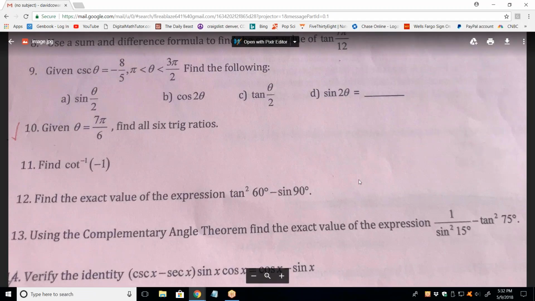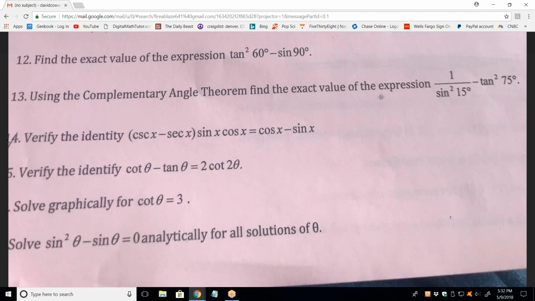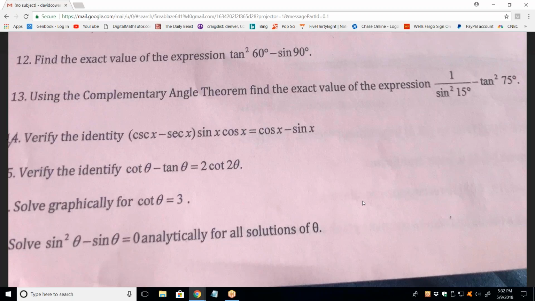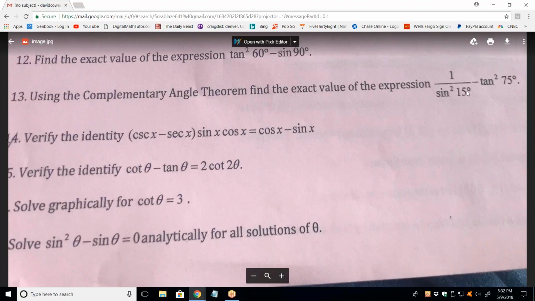Scroll down a little bit on this. You understand that last one, Sam? With the complementary angle theorem? Yeah, I get it. You understand why secant squared minus tangent squared is equal to 1? Yeah, I do. Okay.